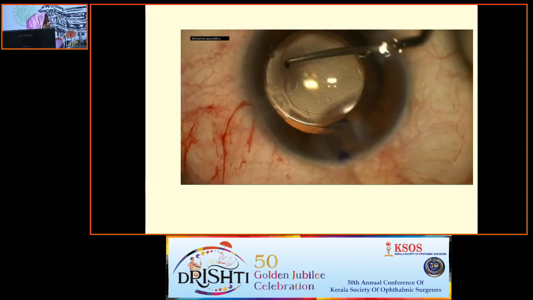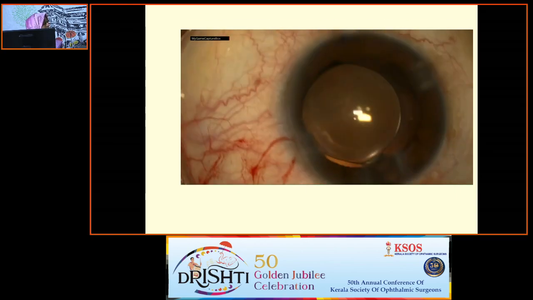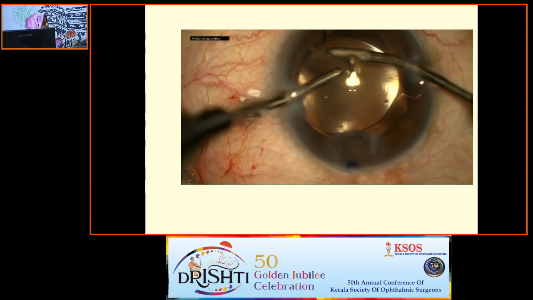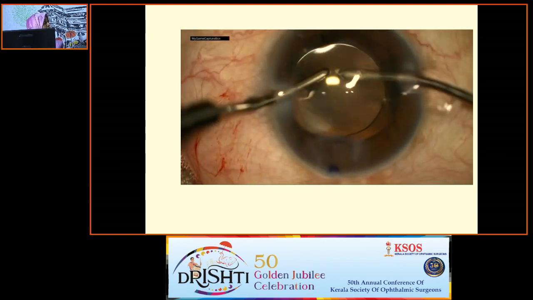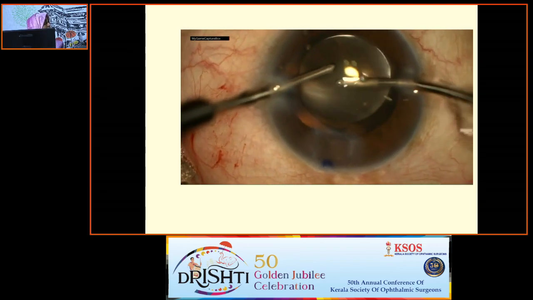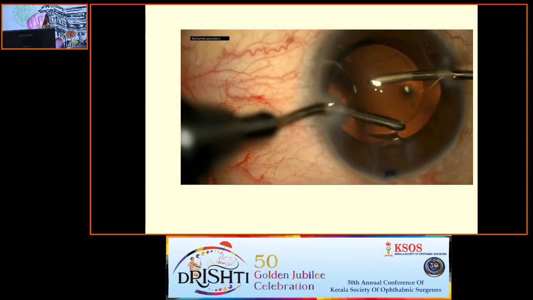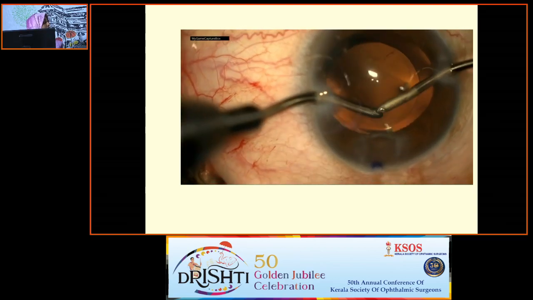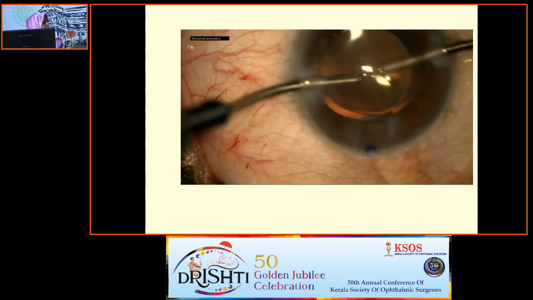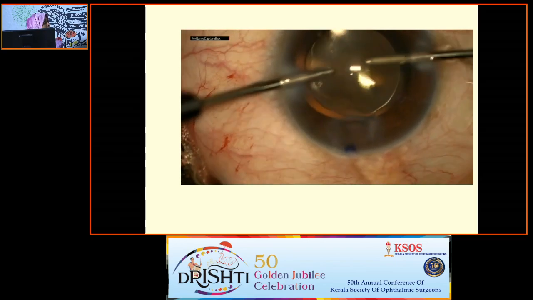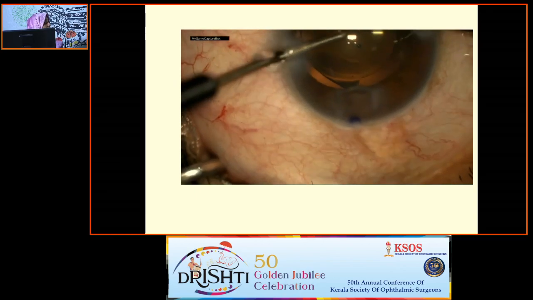Then wash out the visco and make the final adjustment or refinement with either an irrigation probe or a dialer. Then give a central tap also. Then hydrate the wound tightly so that the IOP is slightly higher than normal, and it will prevent further rotation.